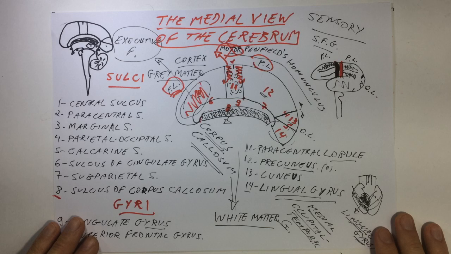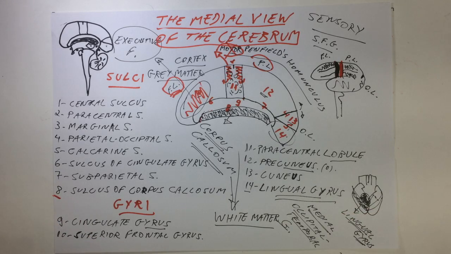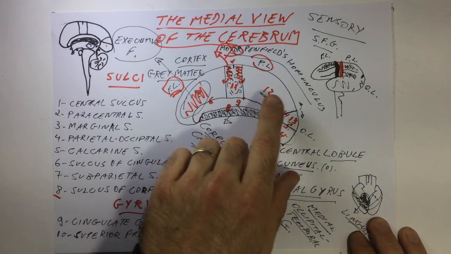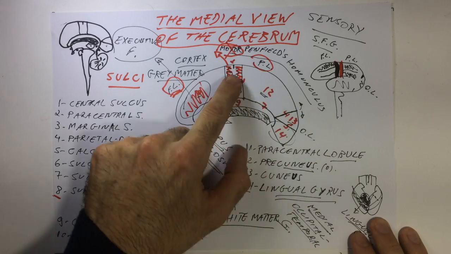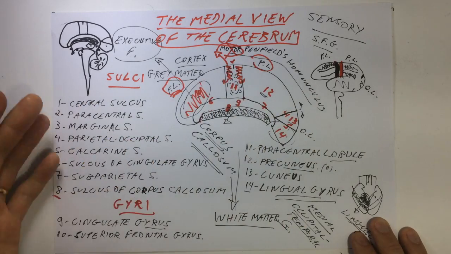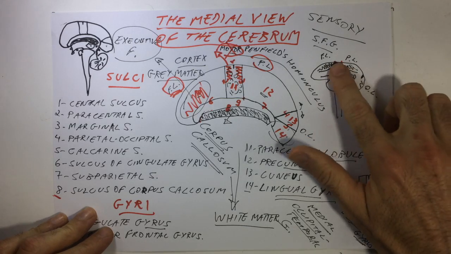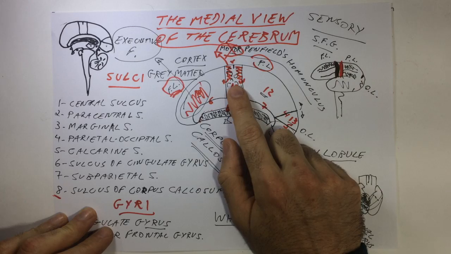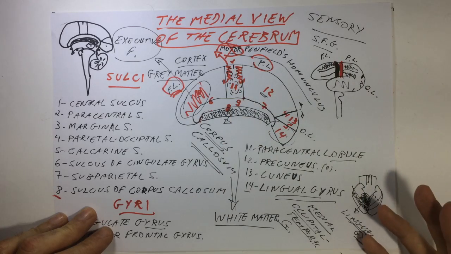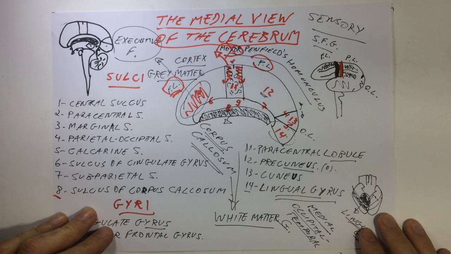Whatever you feel with your hands, with your feet, with your whole body, gets to some specific parts of this structure. As we saw in a previous video on the lateral view, these two structures work as two maps of the body.